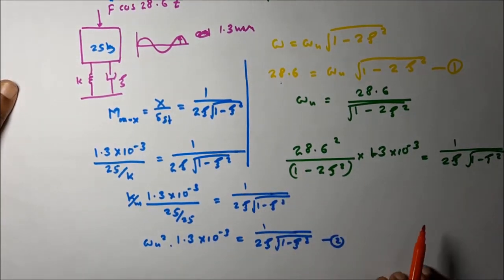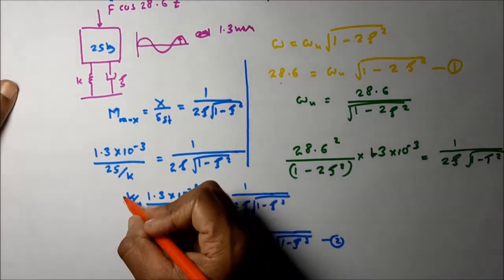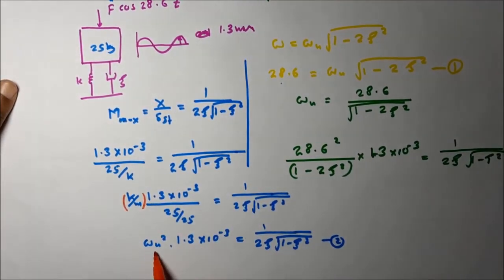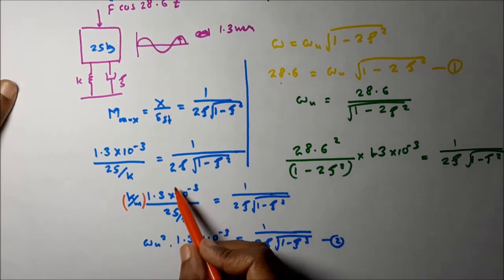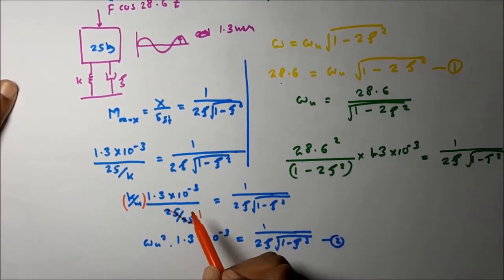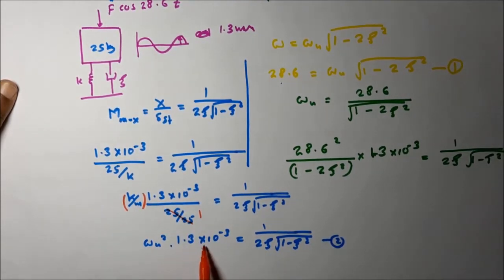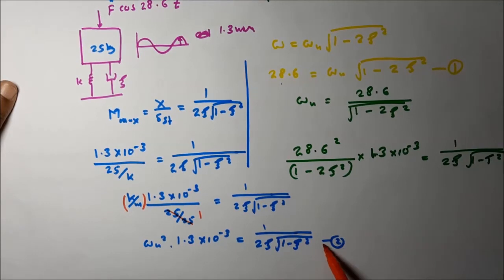So finally, what is k divided by m? For k divided by m we can put omega n square, so this term is 1, and we are left with 1.3 into 10 to the power of minus 3 equal to this value. Then let me take this equation as equation 2.